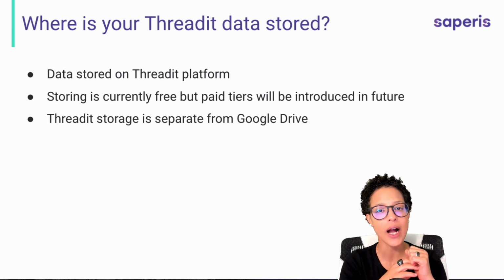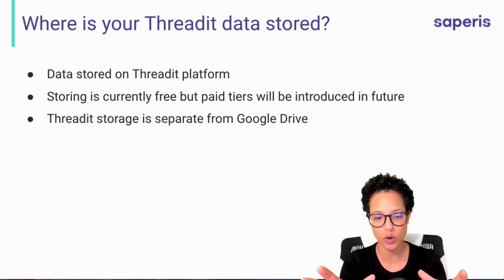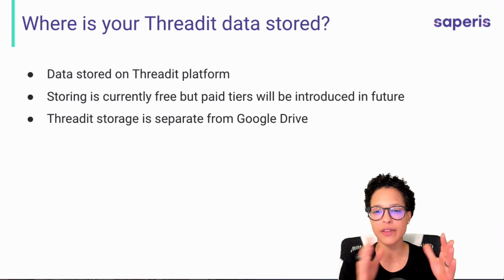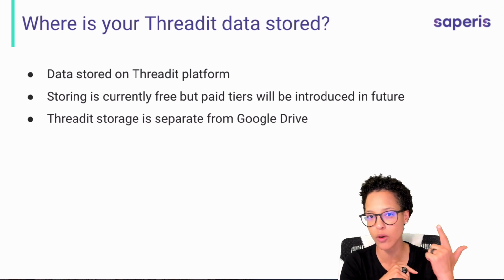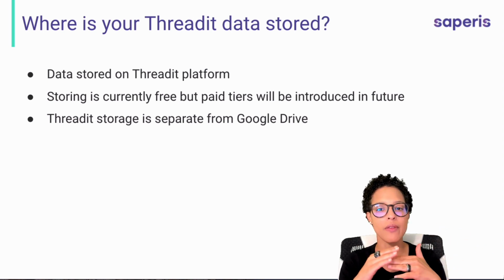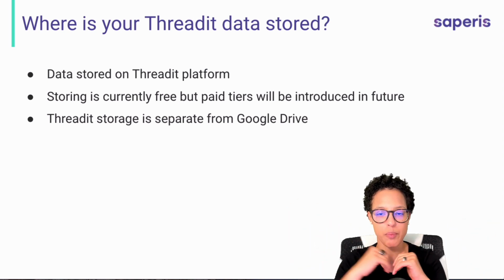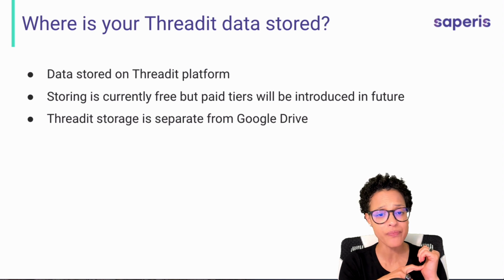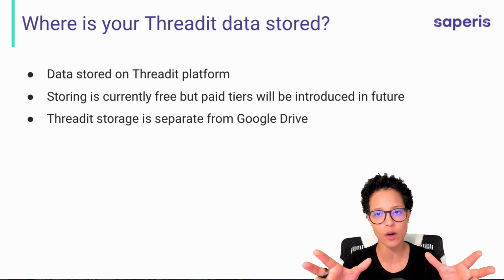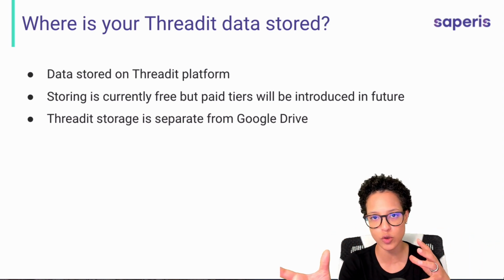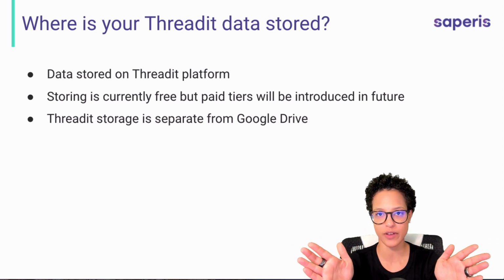I'm guessing, like with a lot of different Google-based or backed or created apps, that there'll be a free tier or an entry-level tier that's either free or very inexpensive. And then as you need more capacity, you would be paying more, so different paid tiers. Then, and this is also very important in case you have a Google Workspace account or a Google account with Google Drive, the Threadit storage is separate from the Google Drive storage.